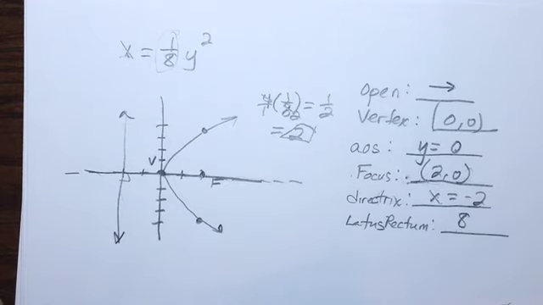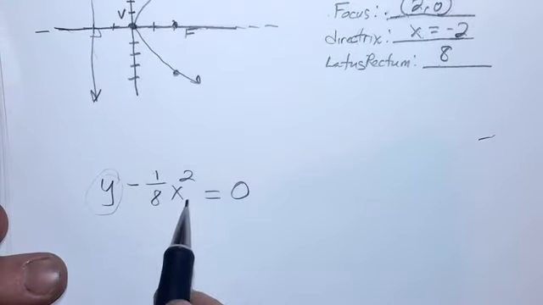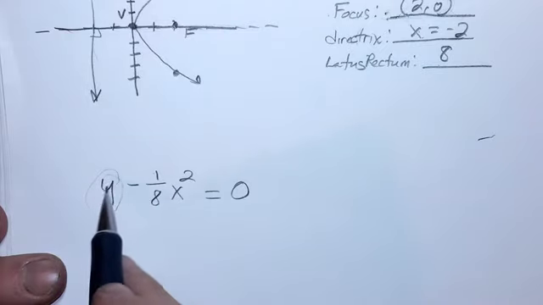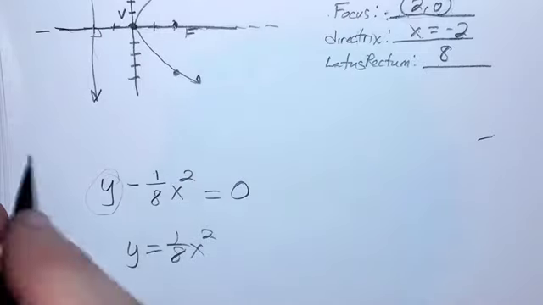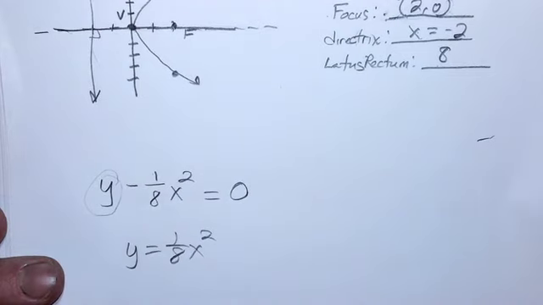And what you have to do is the thing that's not squared, either x or y, that's what you want to get by itself. So y is going to equal 1/8 x squared. And now we can go about it, because it's y equals, it opens in the y direction. And we can find all of the parts for it that way.